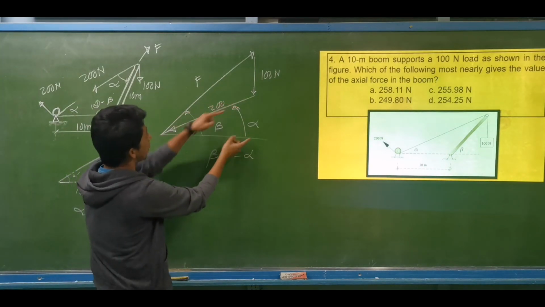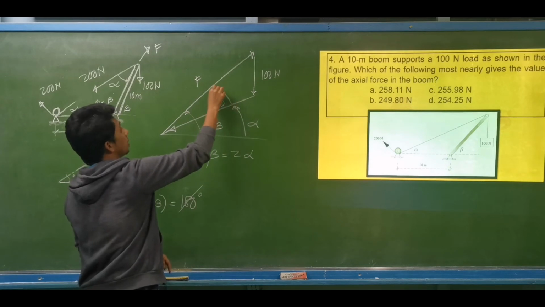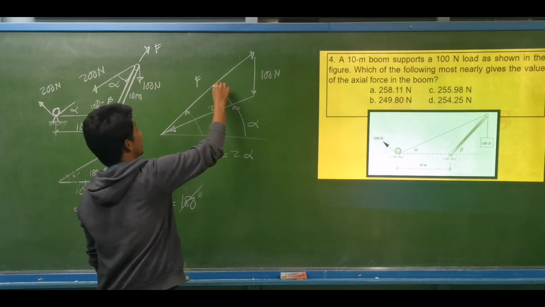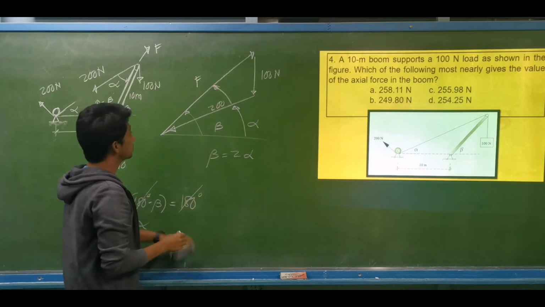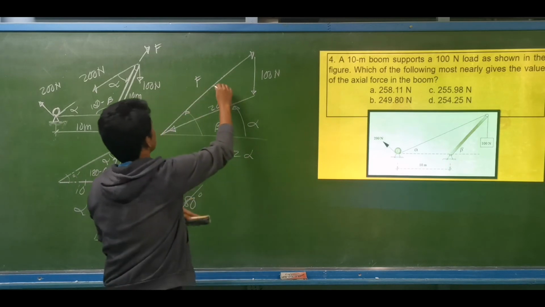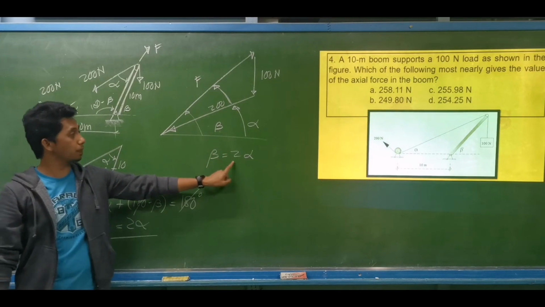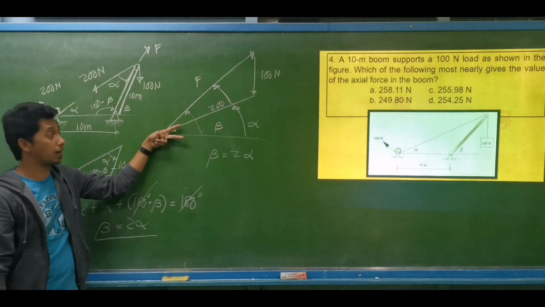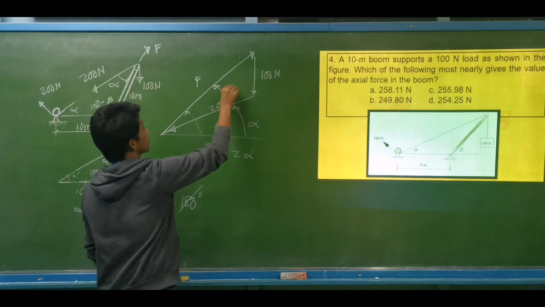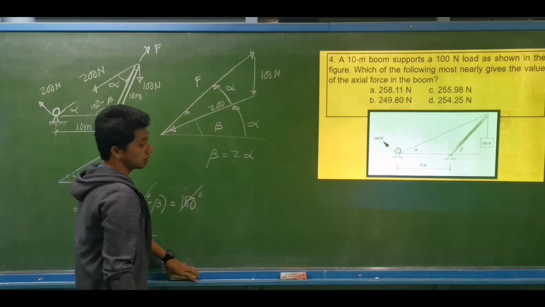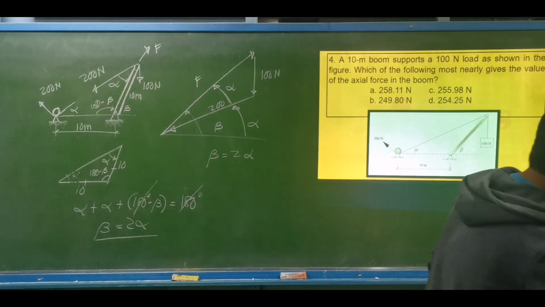If this is alpha, what is the remaining angle inside this triangle? Beta is twice of alpha. If this is already alpha, the remaining angle here is also alpha. So let's have a separate triangle.